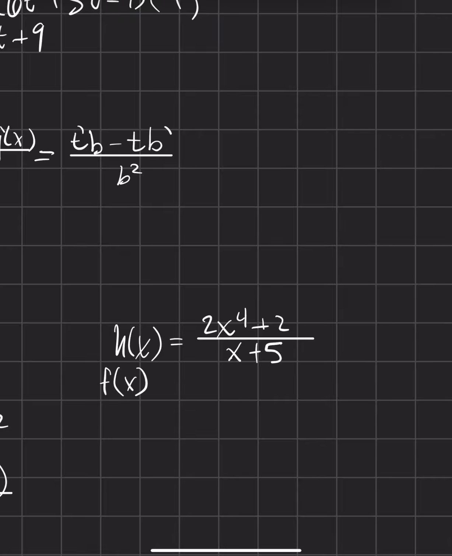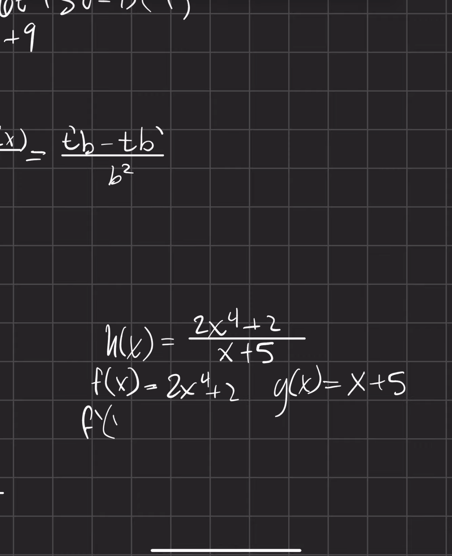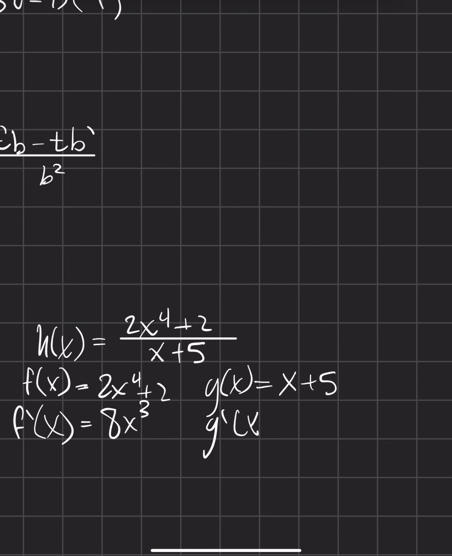This is f of x plus 2, and then the g of x, which is x plus 5. And then we take the derivatives of each one respectively, and then 2 times 4, you get x cubed, g prime of x. You're at that a little ugly. We're just 1.